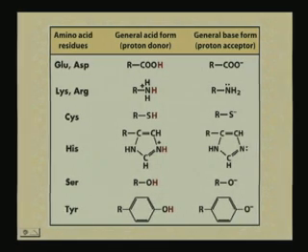For example, glutamic acid and aspartic acid can act as a proton donor, and the anion form can act as a proton acceptor. Lysine and arginine can act as a proton donor as well as a proton acceptor. Then there are cysteine, histidine, serine and tyrosine, and we will see how most of these are involved in the enzymatic mechanisms that we are going to study today.